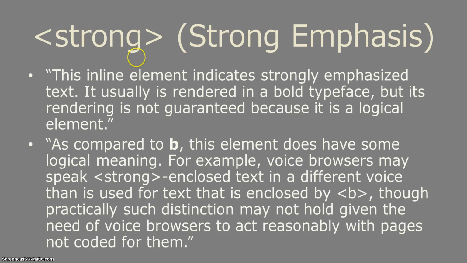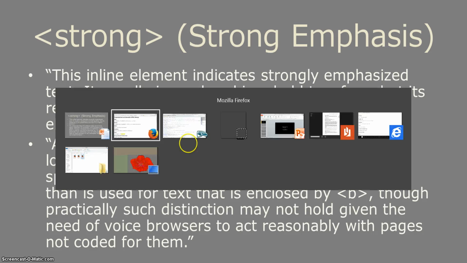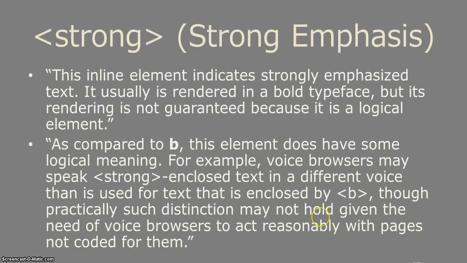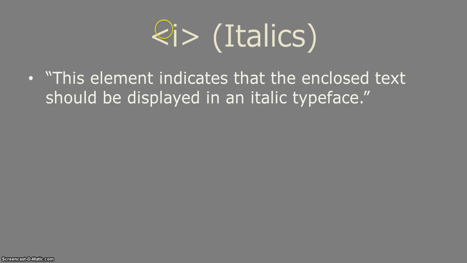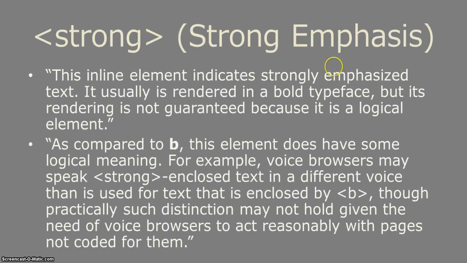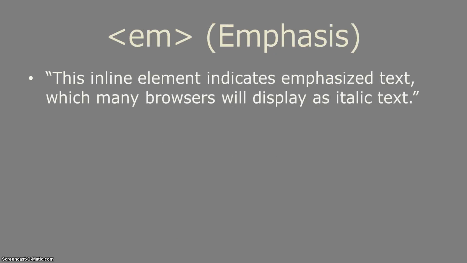So you're encouraged to use strong instead, and that'll give the same result, as you can see with my webpage where I used strong here. Italics is again deprecated, or anyway, almost deprecated, and because it's again a presentational element, we would prefer to use EM for emphasis. So remark that here we have strong, which is strong emphasis, and emphasis.